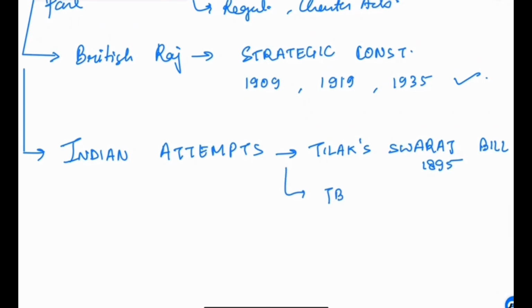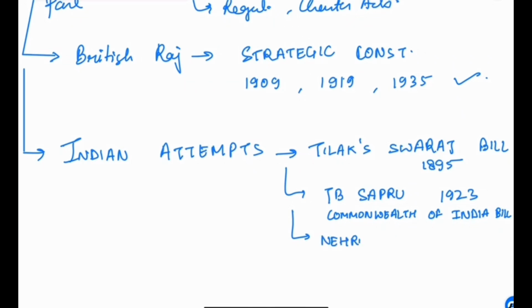Then T.B. Sapru's Commonwealth of India Bill in 1923. And then there was the Nehru Report, the very famous Nehru Report of 1928.